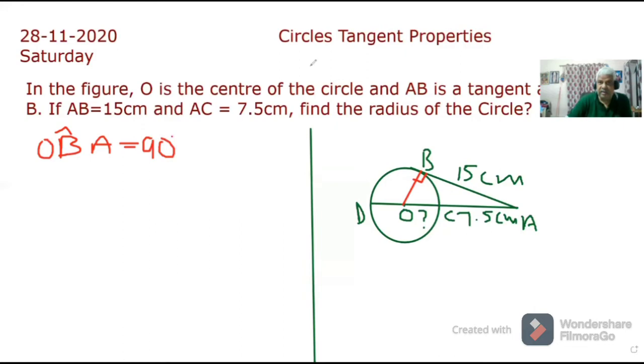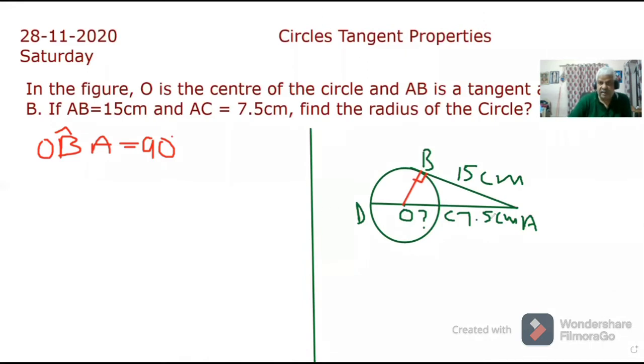Why can we take it as 90 degree? Remember children, AB is the tangent, OB is the radius. The relation between the tangent and the radius is perpendicular. 90 degree I have considered. Next, now you can apply the Pythagoras theorem.